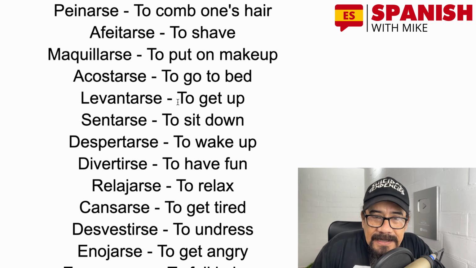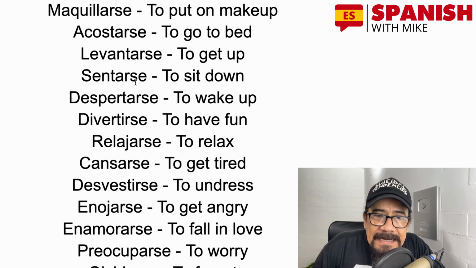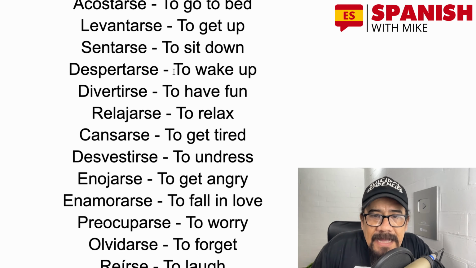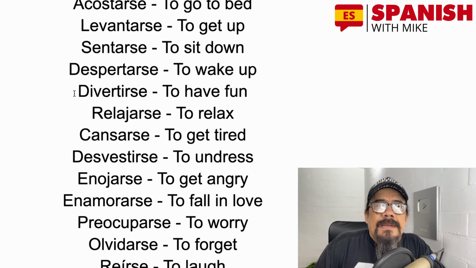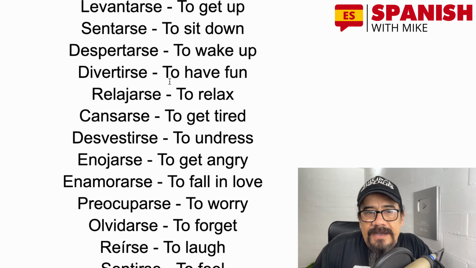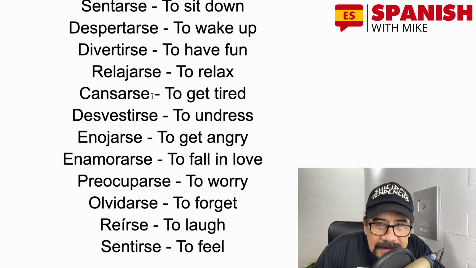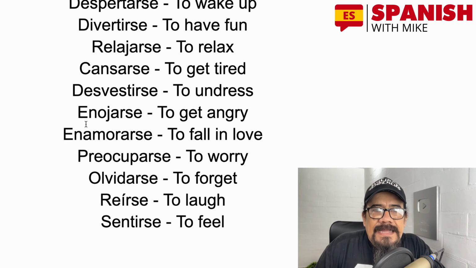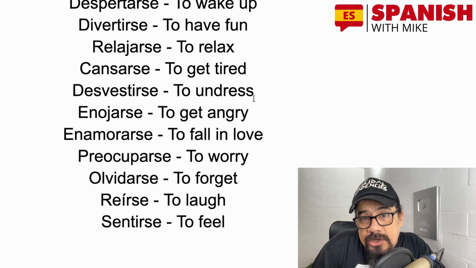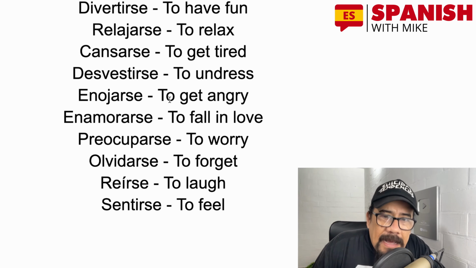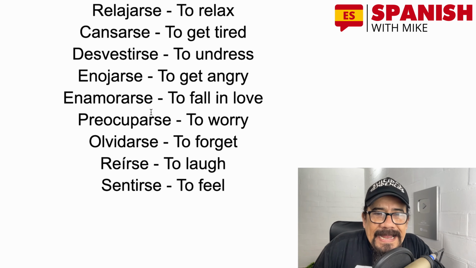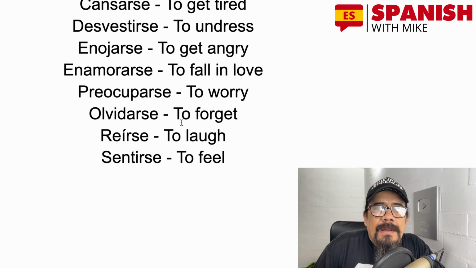Levantarse, same thing, get up. Sentarse, to sit down. Despertarse, to wake up. Divertirse, to have fun. Relajarse, to relax. Cansarse, to get tired. Desvestirse, to get undressed, to undress. Enojarse, to get angry. Enamorarse, to fall in love.